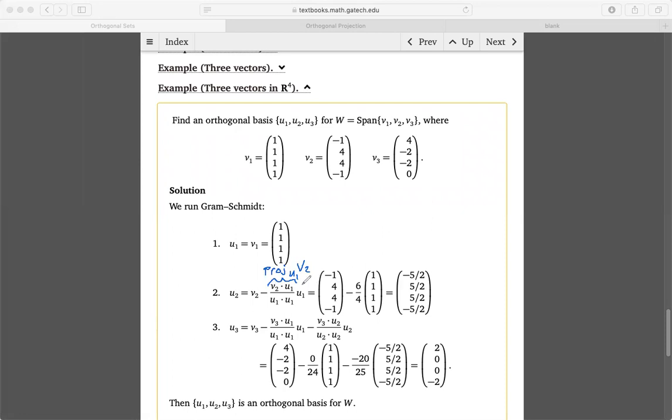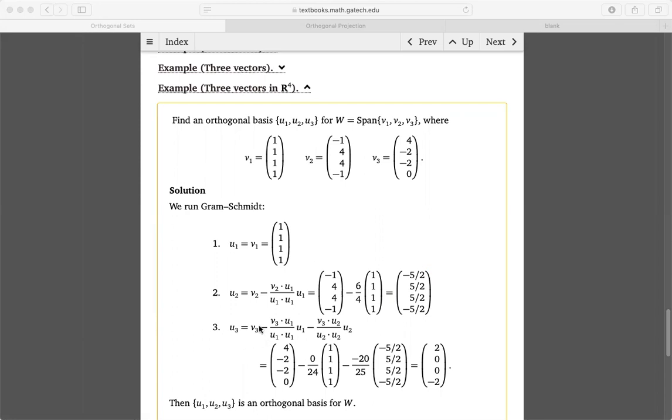We want to subtract off that projection because this is the component that lies in the direction of our first vector. So if we subtract off the component that is in the direction of our first vector, we will be left with a completely orthogonal component. And I guess we get some pretty nasty fraction in there, but that's totally fine. That's a completely fine answer.